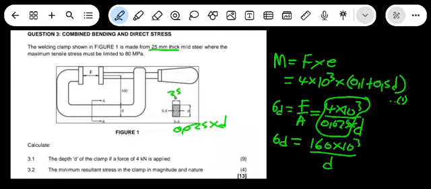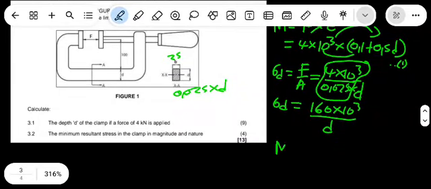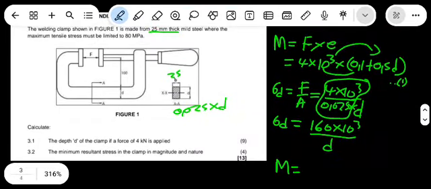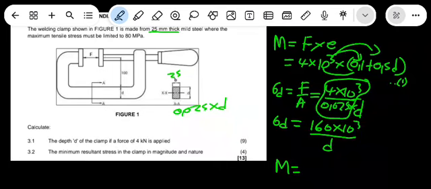You can also simplify the bending moment further by distributing: 4 times 10 to the power of 3 multiplied by 0.1 gives 400, and multiplied by 0.5d gives plus 2000d. Remember this is simply our equation 1, which I'm just simplifying if you want.